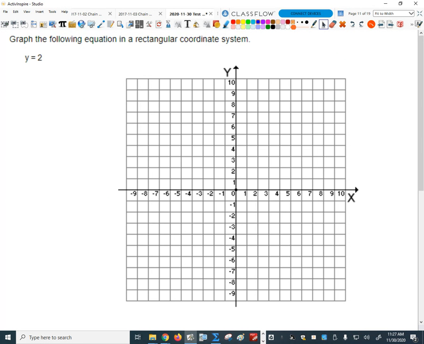Okay, what about this? Graph the following equation in our Cartesian plane here. Y equals 2. So Owen, what's that going to look like? If I graph the line y equals 2, what am I going to get?